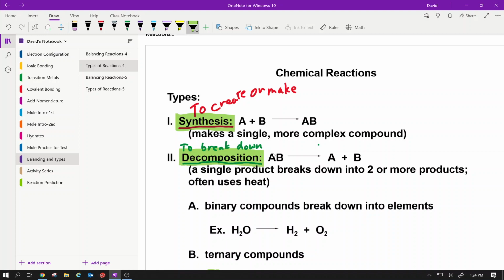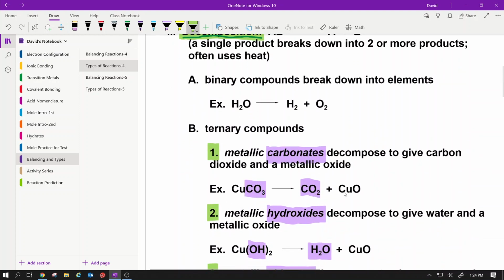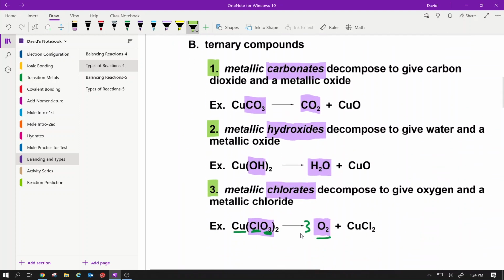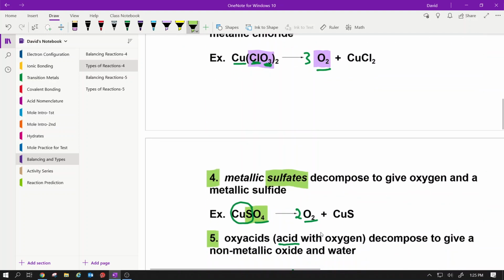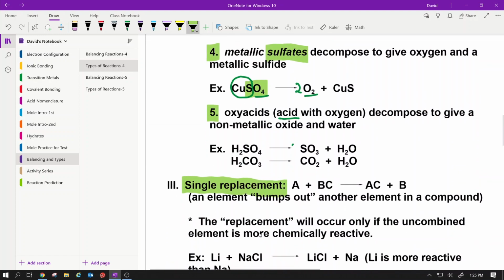You're starting with one thing and you're breaking into 2 or more others. 1 breaks into 2. 1 breaks into 2. 1 breaks into 2. 1 breaks into 2. You guys get the pattern. Okay, a couple of us get the pattern. There you go. Hey, so that was the pattern for decomposition.